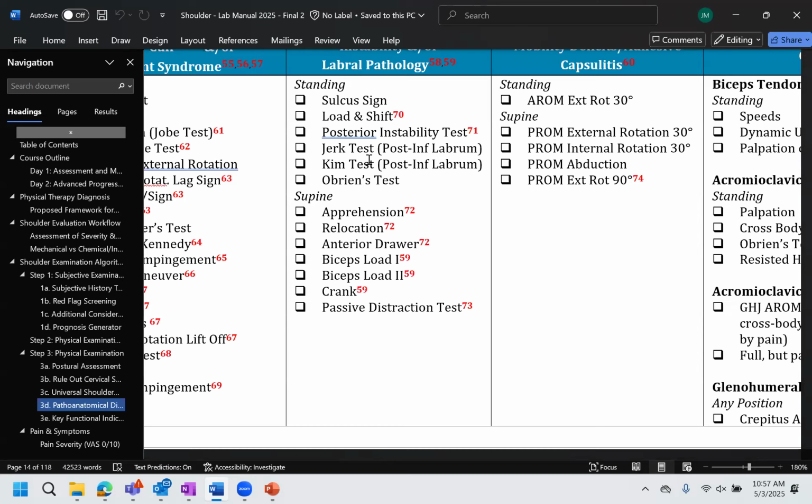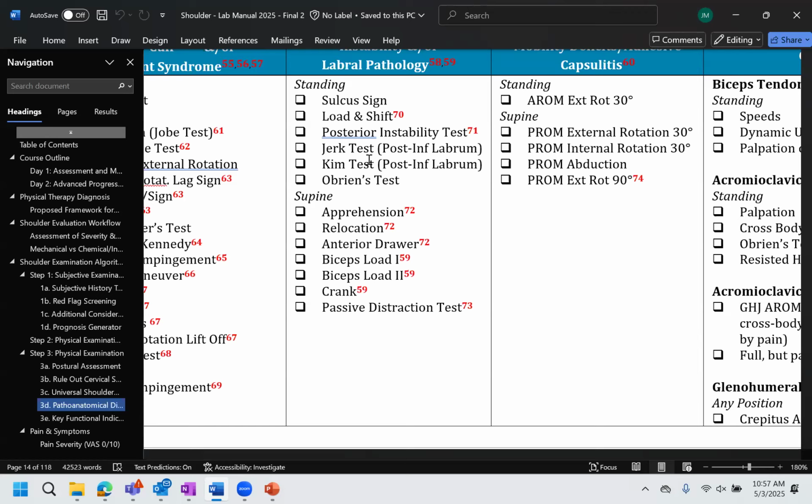They also may describe some form of instability and/or popping, clicking, or catching. Their symptoms may still be at that superior aspect, but may come down more into your SLAP region. More often than not, it's going to be an anterior dislocation versus a posterior. Posterior is only a very small percentage of shoulder dislocations.